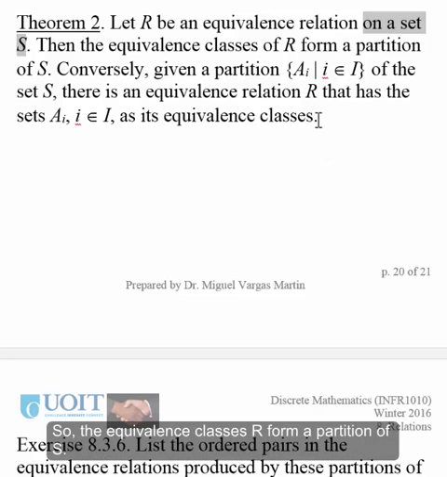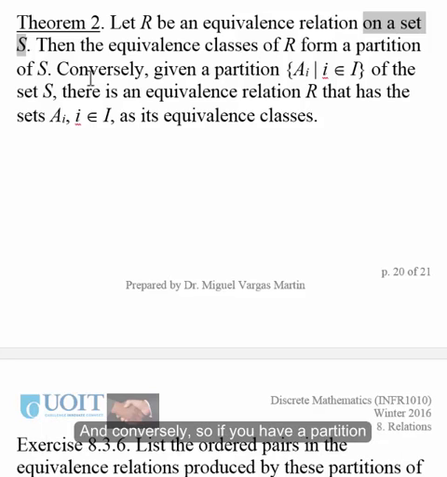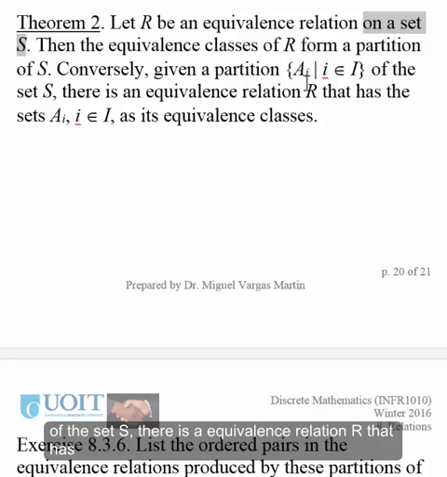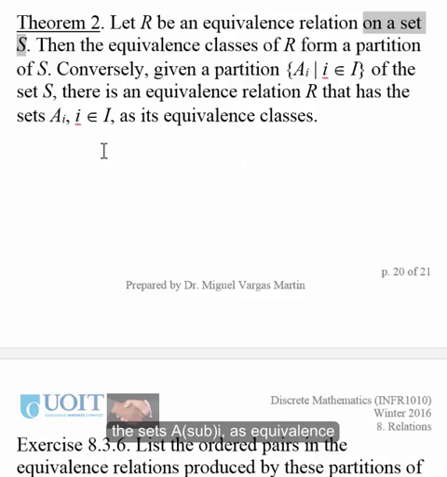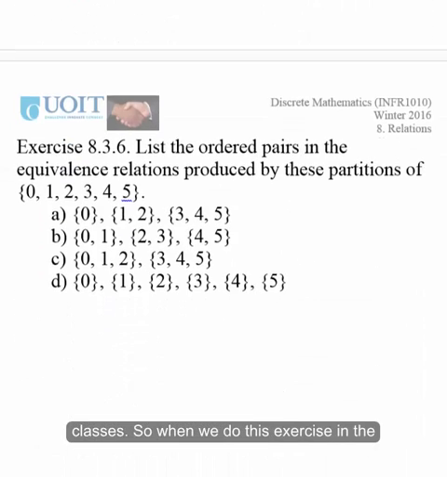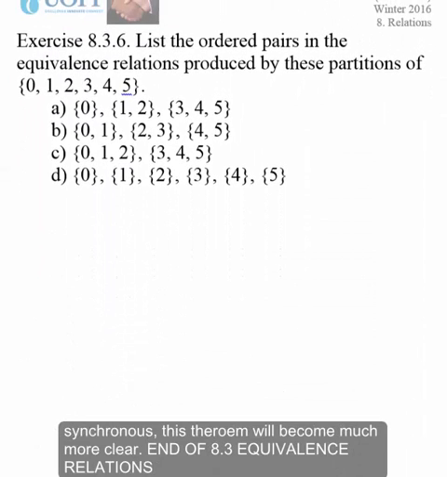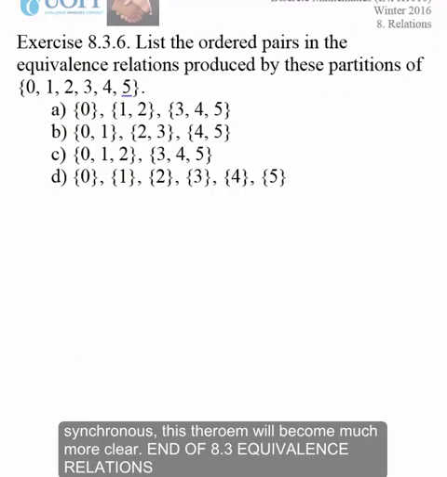So the equivalence classes of R form a partition of S. And conversely, if you have a partition of the set S, there is an equivalence relation R that has the sets A sub i as equivalence classes. When we do this exercise in the synchronous, this theorem will become much more clear.